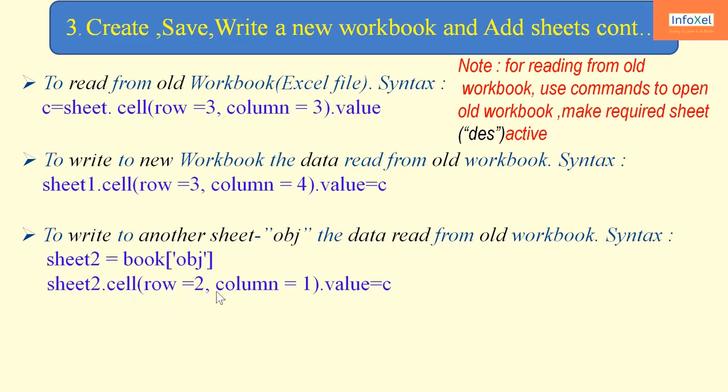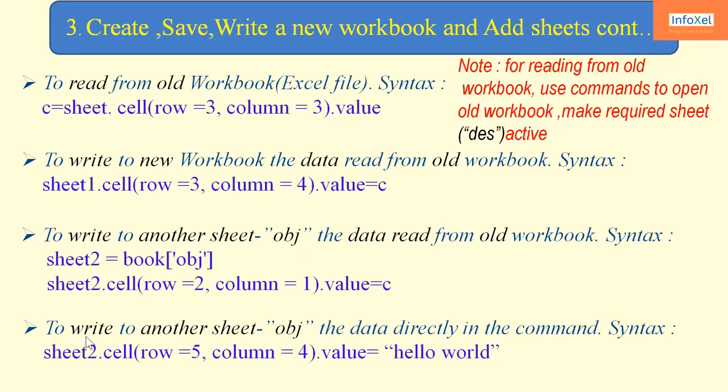And the second command is that the value of C is written to row 2 column 1 of the OBJ sheet, that is another sheet. Now to write to the same OBJ sheet, the data is directly given in the command. So that is hello world.